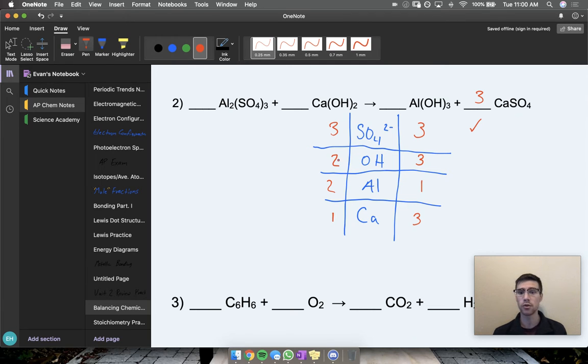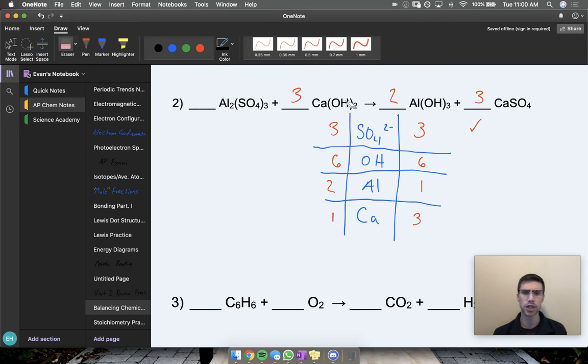So to do so, I would put a 3 in front of this 2 hydroxide, so our coefficient here would be 3, and I'd put a 2 in front of the one that has a 3 subscript, because 2 times 3 is 6, so that would balance our hydroxides out, but we will have to go back and take a look at our other atoms here. So on the left, we have 3 times our 2, so we have 6 hydroxides. And on the right, we have 2 times our subscript 3, which is, again, 6 hydroxides.